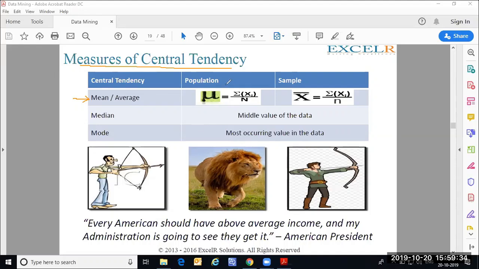The measures under population are called population parameters. And the relevant measures on the sample are called sample statistics.